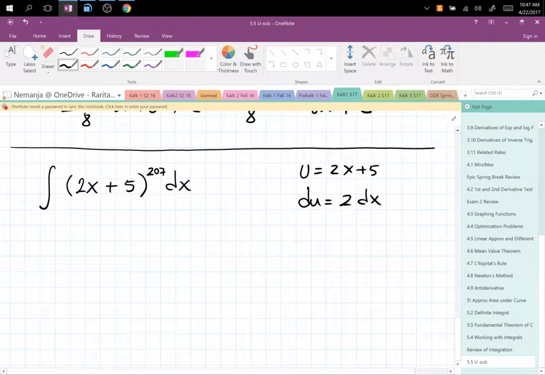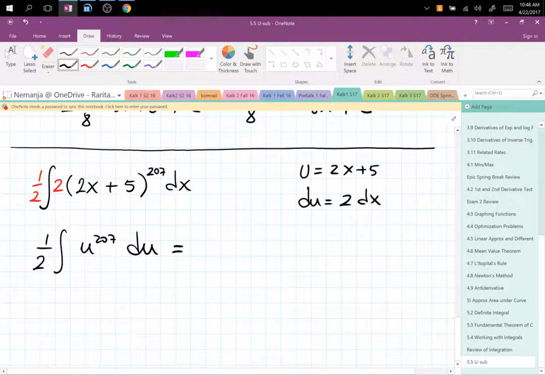Do I have 2dx? No. So I fix that by putting in the constant in there. And now I can do the substitution. 1/2 integral. I have u to the 207. And then 2dx gives me du. Which further becomes 1/2 u to the 208 divided by 208 plus c.